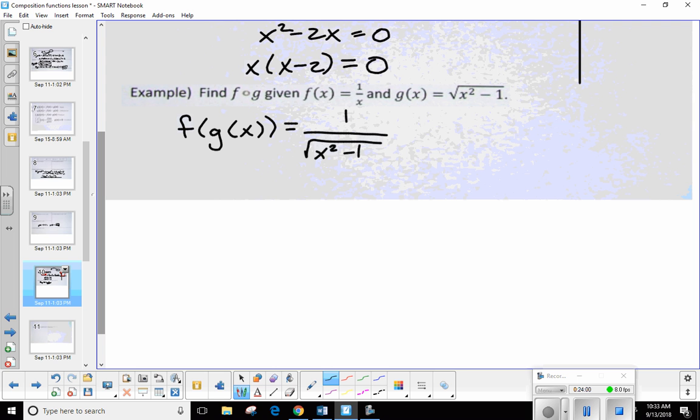Okay. Well, let's take a look. Now, here's the thing. This time we want to focus on x squared minus 1. We still have the square root of a quadratic, so forget about the radical right now. Focus on x squared minus 1. I'm interested in values of x that will only make x squared minus 1 positive. So let me draw some axes real fast.